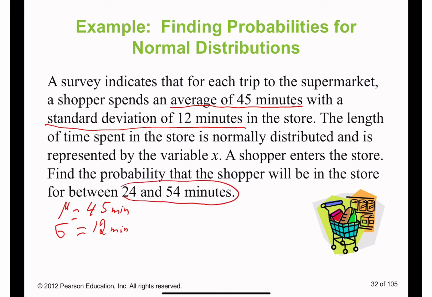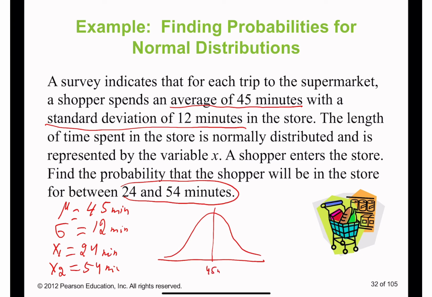So we have x1, 24, x2, 54. Remember what we need to find. If the average is 45 minutes, then 24 falls on this side, right? 54 falls closer to 45 on this side.